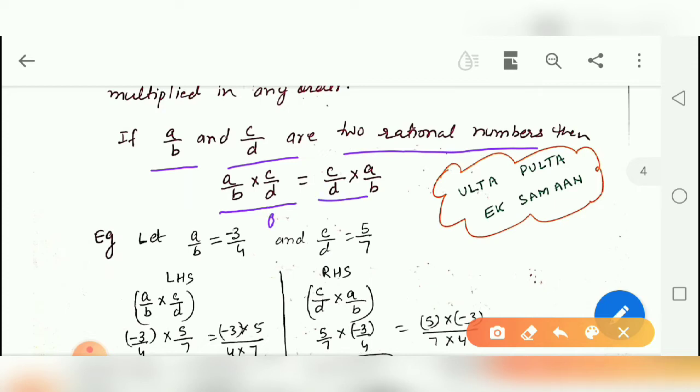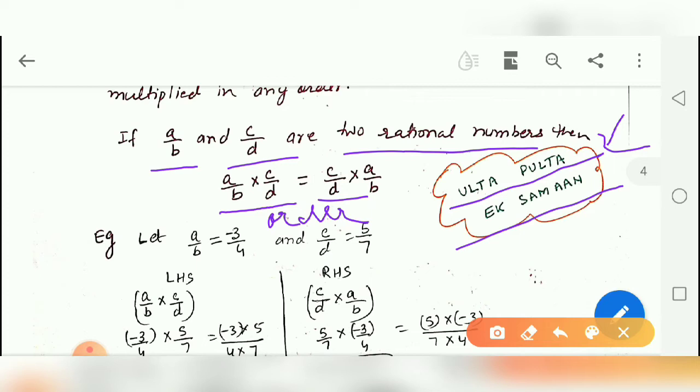So we have changed the order here. Recall this punchline, ulta pulta ek saman. So we can multiply in any way, the answer will remain the same.